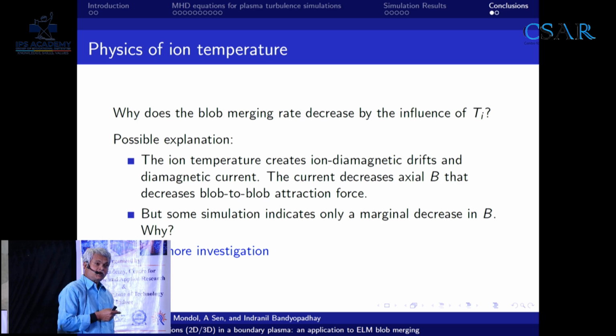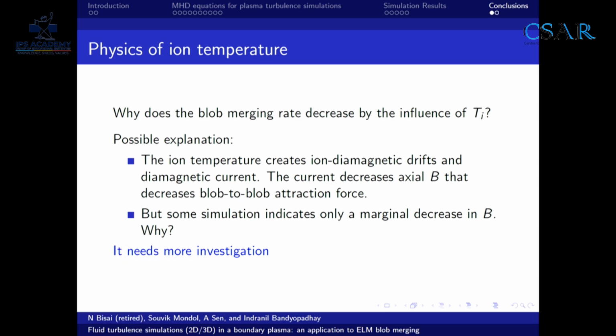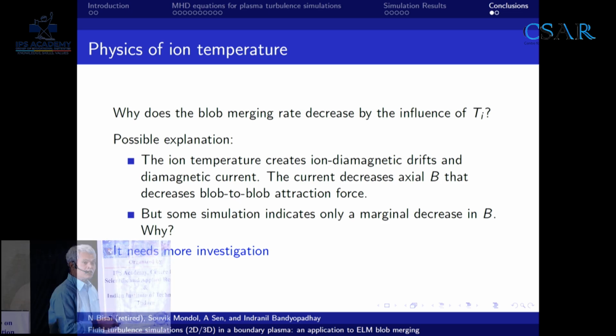It will disturb the parallel magnetic field. So the magnetic field will be less, and that means they will attract with a lesser force compared to the case of Ti equal to 0. So they will not come close. In some simulations we find this is the behavior, and in some simulations we find no, this is not the case.